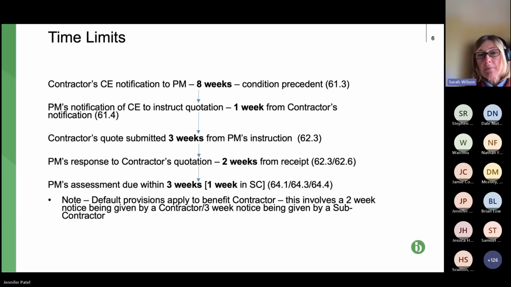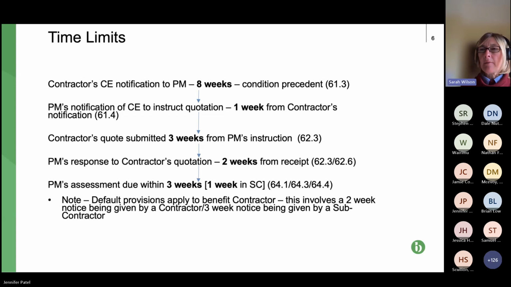It doesn't matter if the works would have always had to have been done. That's not the test. The test is simple: did the contractor notify within the contract timescales? So, that is a real risk for contractors. So anyway, that's that first process.